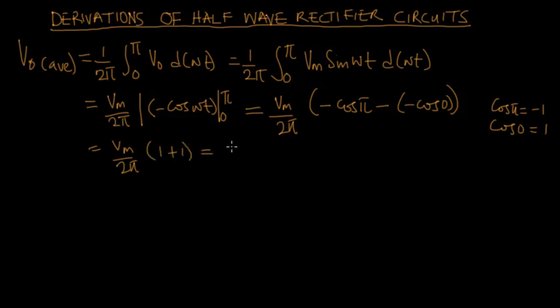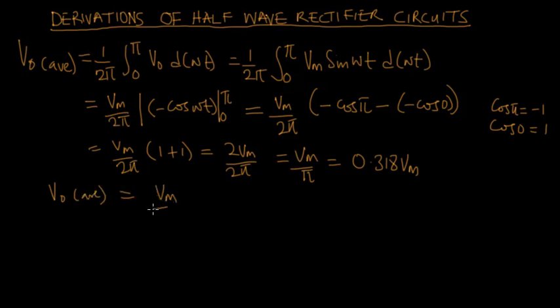That gives us 2Vm over 2 pi, which is Vm over pi, and that's equal to 0.318 Vm. So we have that Vout average is equal to Vm over pi, or 0.318 Vm. We'll call this equation 1. So that's the first equation we're deriving for the half wave rectifier.